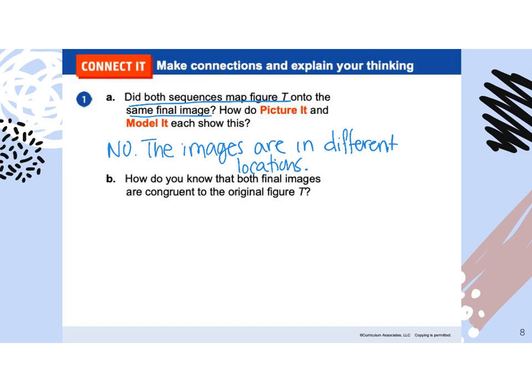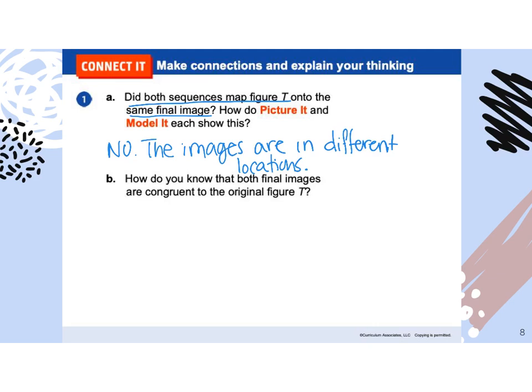So we already explained it. Picture it, when we actually saw the graphs, you could see that Kimani's image was further to the left than Jake's because she translated in the end. And model it, we were able to actually see that the ordered pairs for the final image are different. So that's how we know they don't map onto each other, meaning they're not in the exact same place.